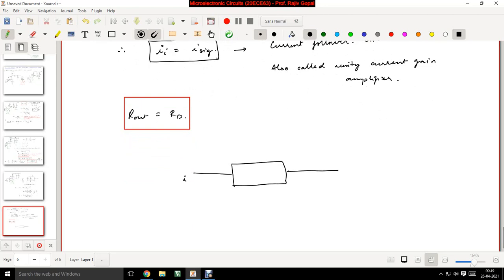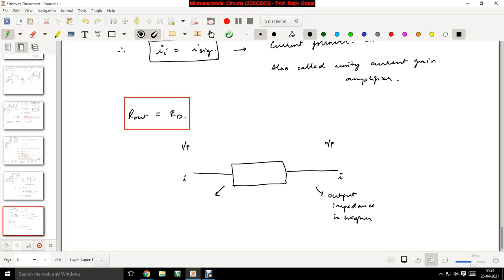Here if I give I, the same I will appear at the output side. This is the input side, this is the output side, right? If I give the current I, the same I will be appearing at the output, but here the output impedance will be higher. Okay, output impedance is higher.